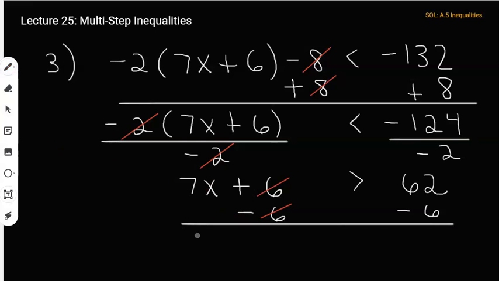We'll get to that later. Over here, I have 62 minus 6, which is 56. So now I can divide both sides by 7, and you should get 8 for your answer.